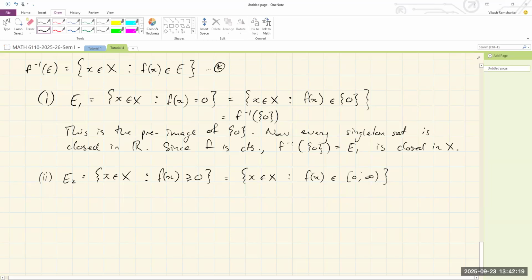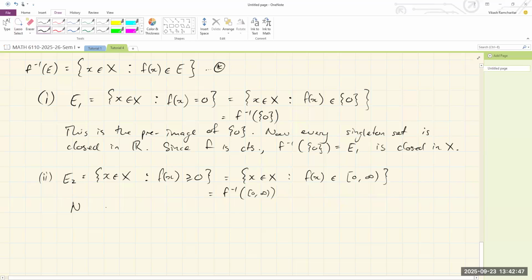But this is nothing but the pre-image of the set 0 to infinity, where we include 0. So now I need to ask myself, is the half open interval 0 to infinity an open set or a closed set in R?